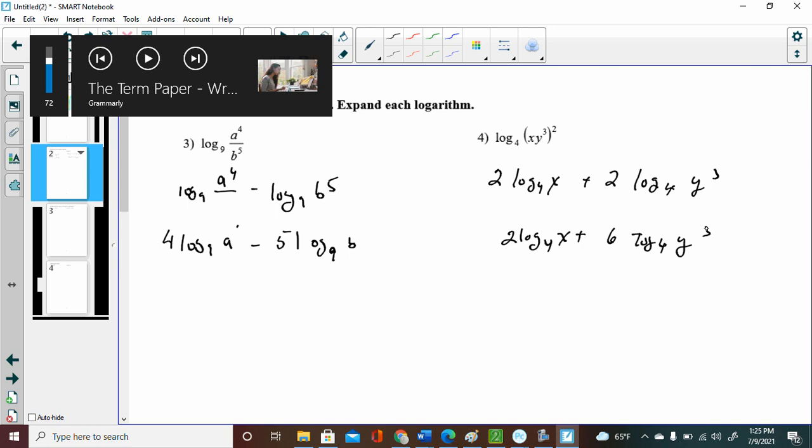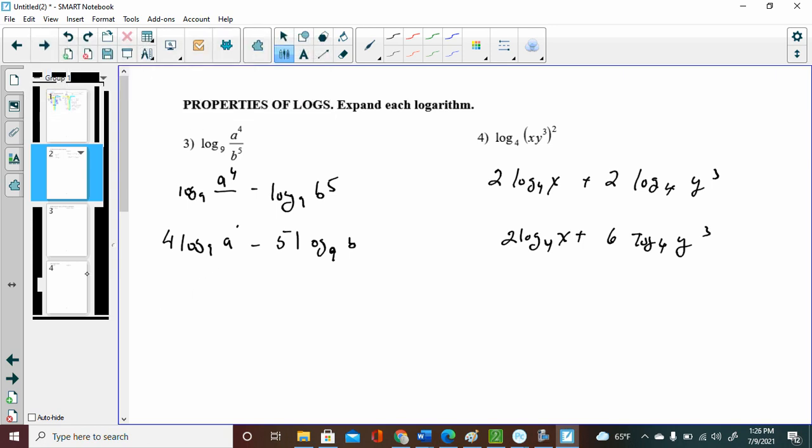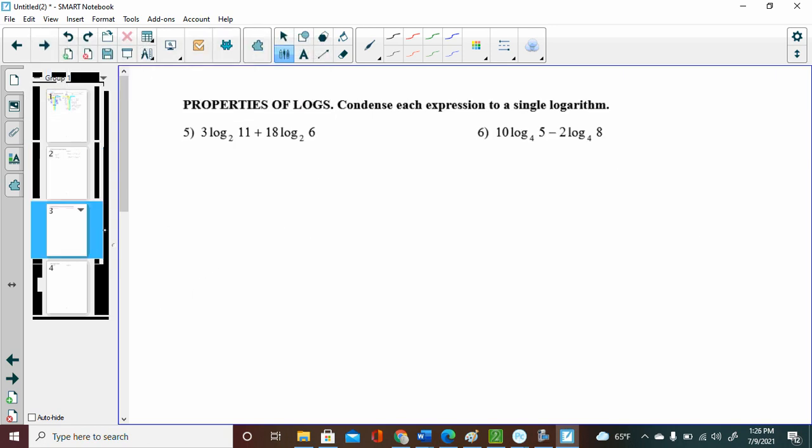Okay. Number 3, this is condensing a log. So we can go log base 2 of 11 cubed plus log base 2 of 6 to the 18th.